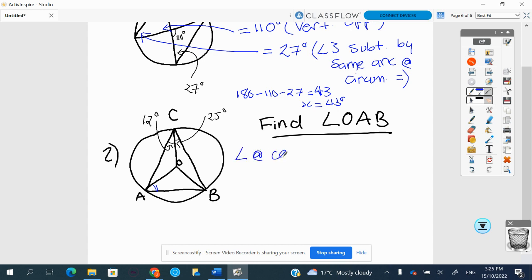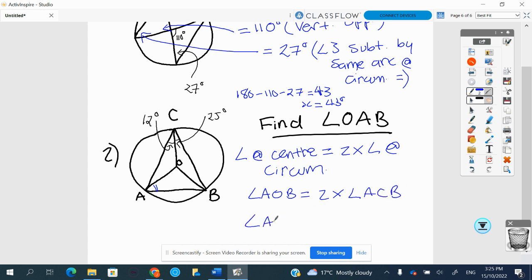Angle at the center equals 2 times angle at circumference, which means that this angle AOB equals 2 times angle ACB.